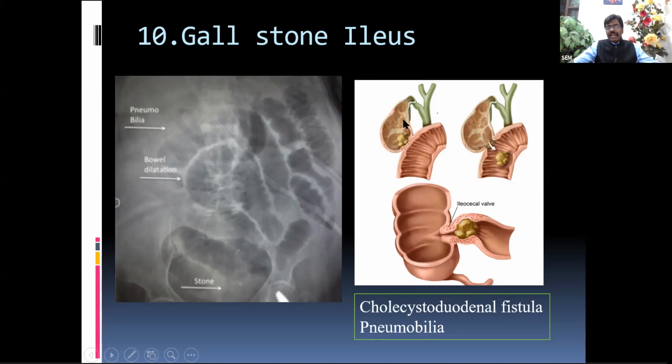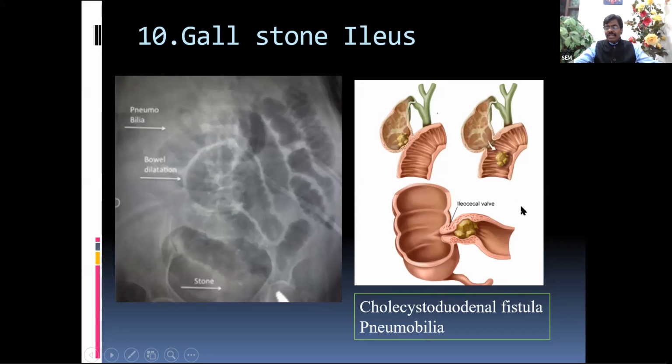From here there is a connection, an abnormal communication between two epithelial lined structures, namely the gallbladder and the duodenum. Because of that, the stone finds its way out. Because the stone is big, it cannot go through the cystic duct, so it is waiting. Now after 20 years of long wait, it is a free bird.